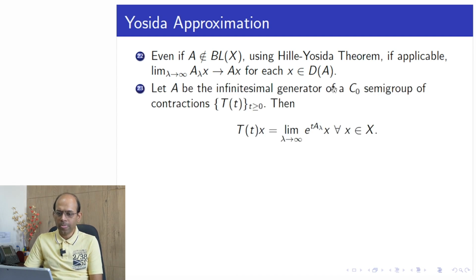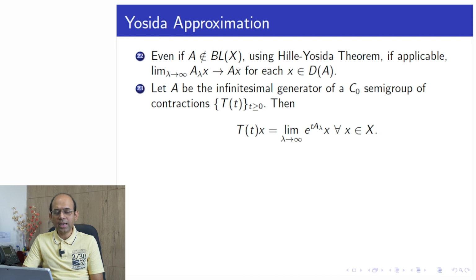Now this result is also used in the Yoshida theorem. Let A be the infinitesimal generator of a C0 semigroup of contractions.